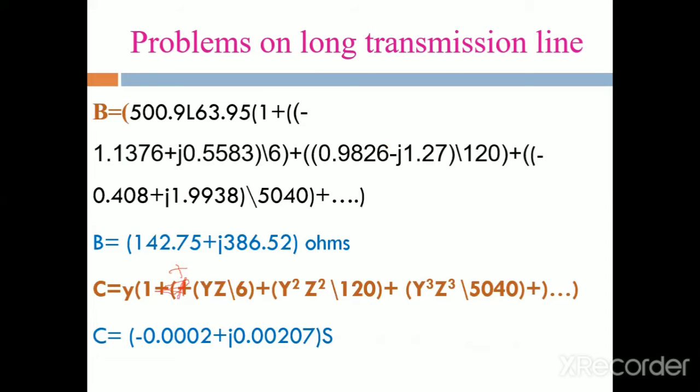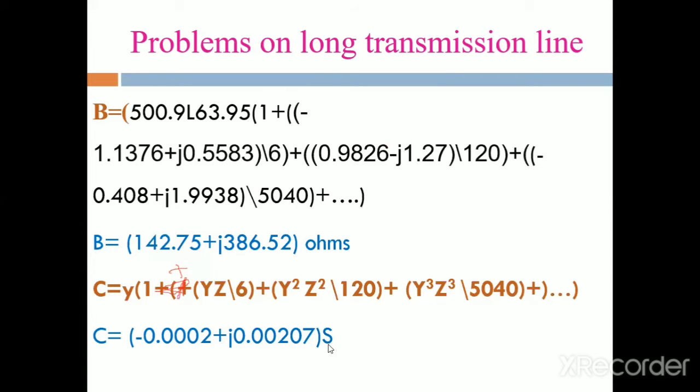Okay, after that we substitute these values. Y is also there, and we calculated YZ, and we also calculated Y square Z square and Y cube Z cube. Then substituting all these values, we obtain C is equal to minus 0.002 plus j 0.00207 Siemens.